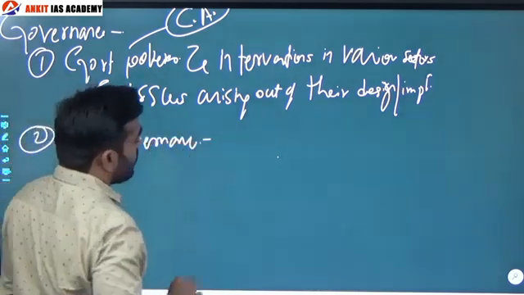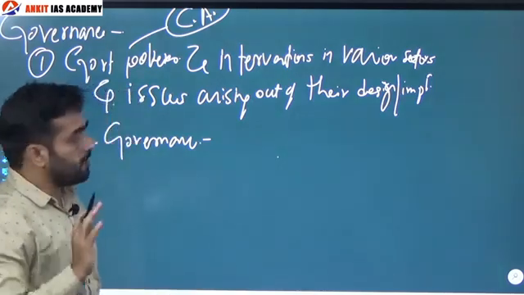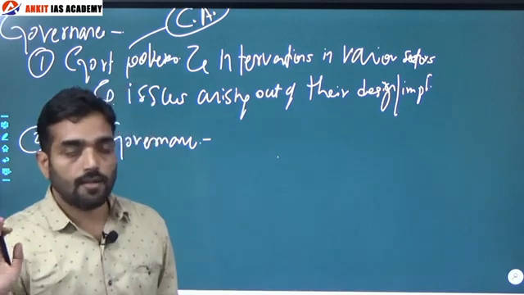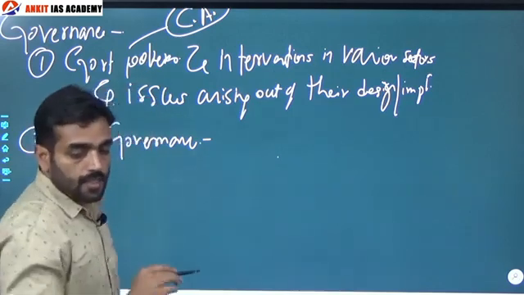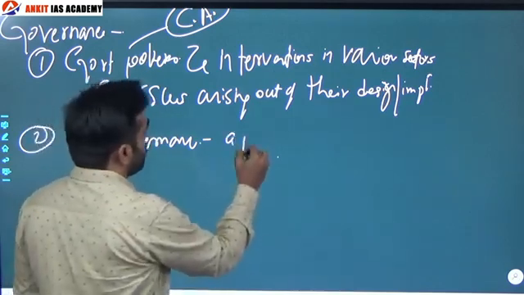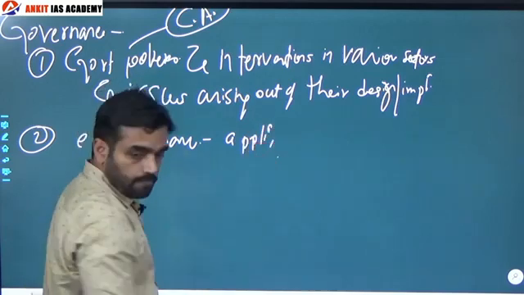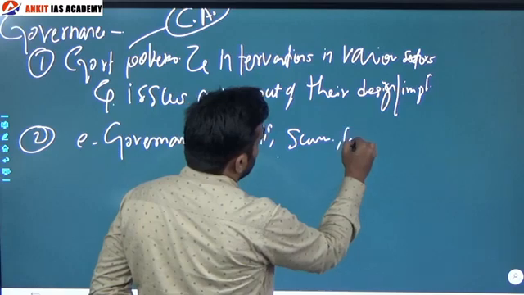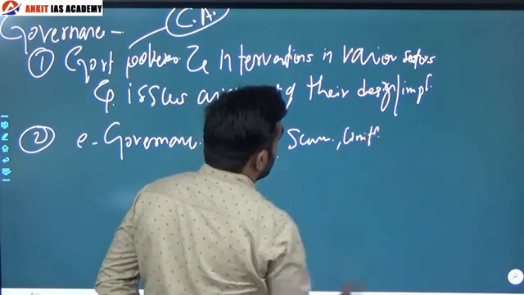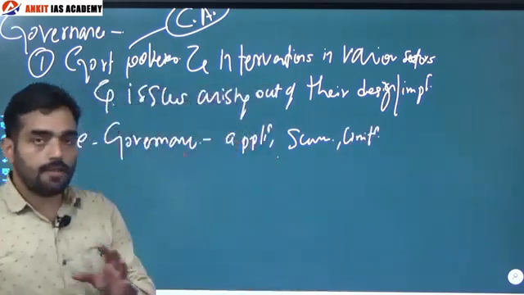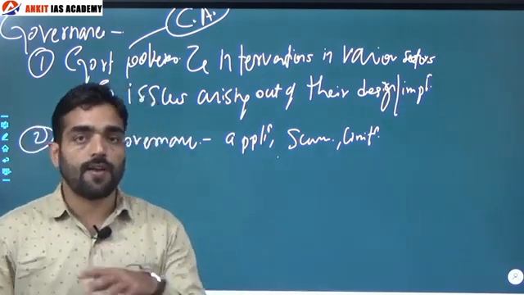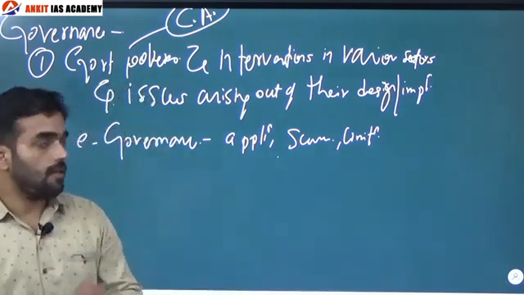Perhaps the easiest part in the entire syllabus of GS paper 2. This is very static. A simple 2-3 page notes will suffice. So this is about application, success, limitation. So there is one static note of this e-governance, and the questions are framed around that only.